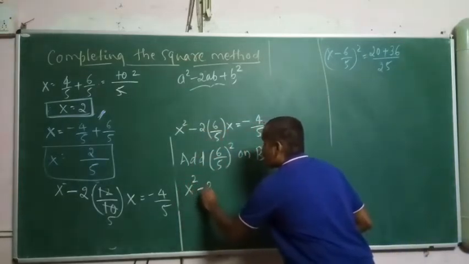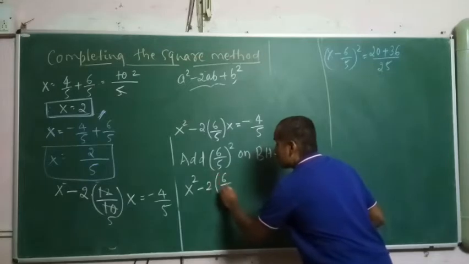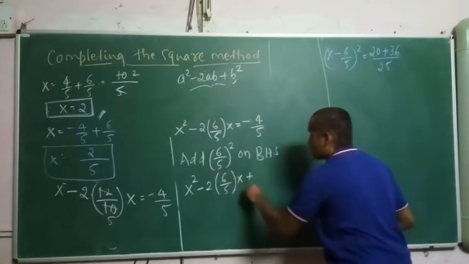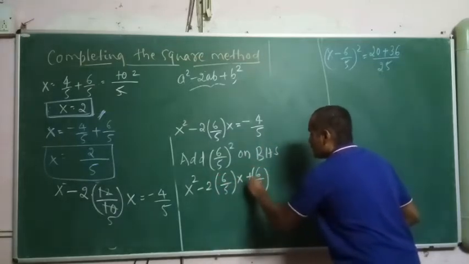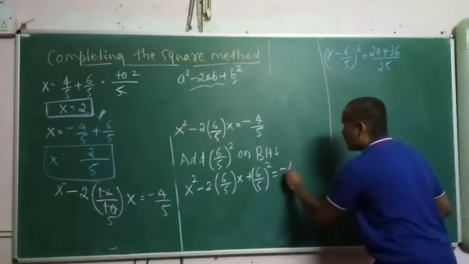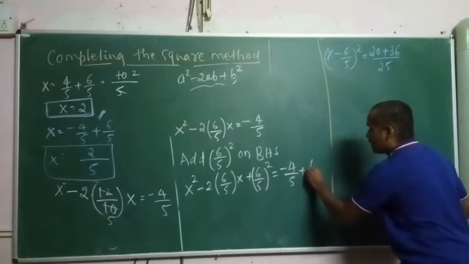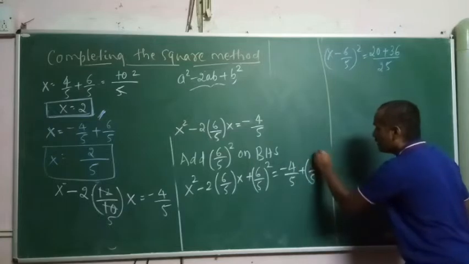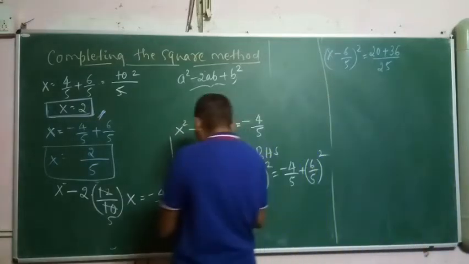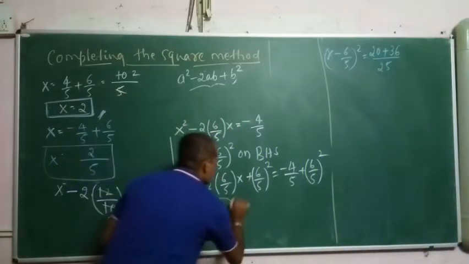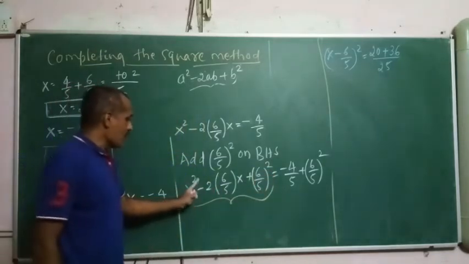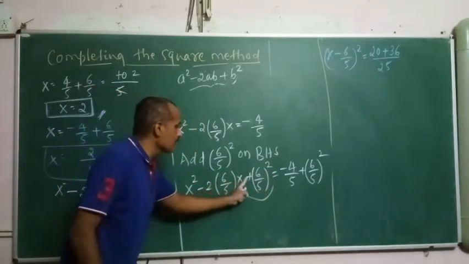x square minus 2 into 6 by 5 into x plus 6 by 5 the whole square is equal to minus 4 by 5 plus 6 by 5 the whole square. My children, now see the LHS. a square minus 2ab plus b square.